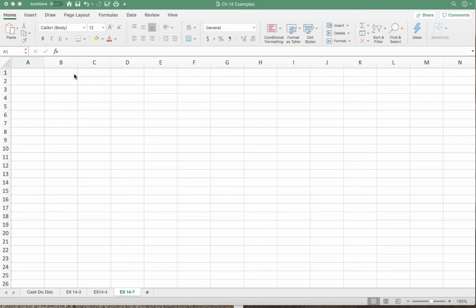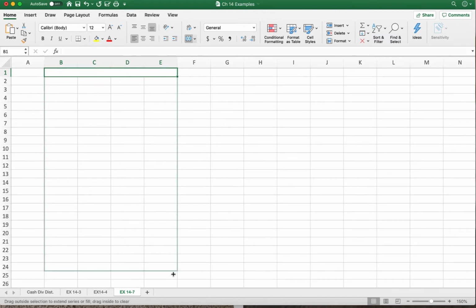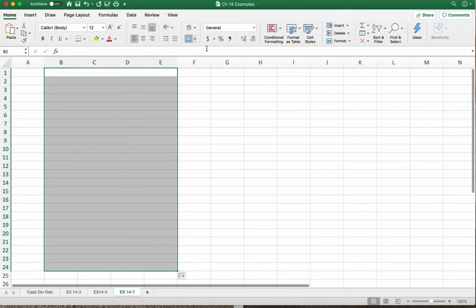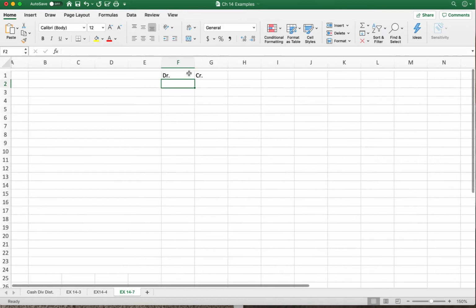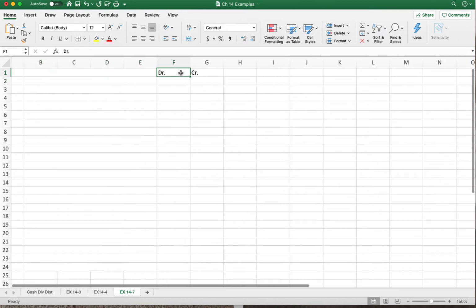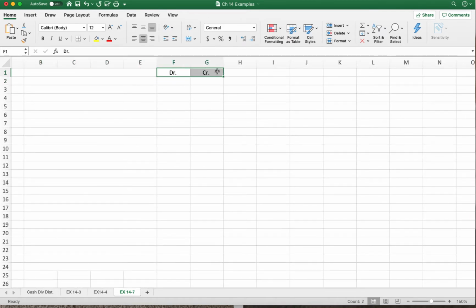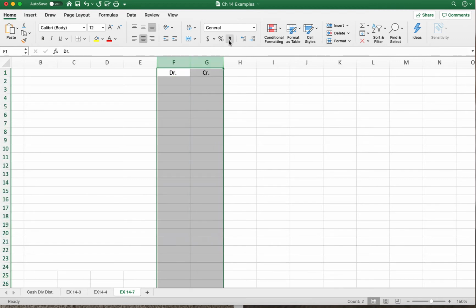Okay, so first thing I'm going to do, I'm just going to create our journal here again. It's arbitrary, just trying to make it look nice, right? Commas, get rid of my decimal places.